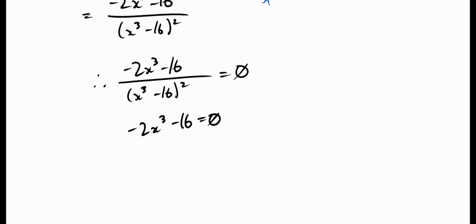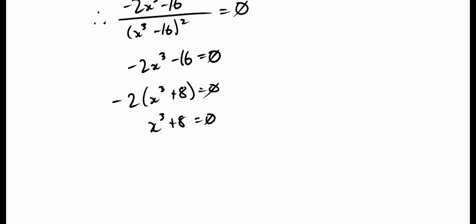This is a lot like MHF. And there's 2 ways that you could do this. You could factor this. So I could factor out a negative 2. And the negative 2 is gone. And I could factor that as a sum of cubes, or I could solve it because there's only one x term. I could actually solve it like this.